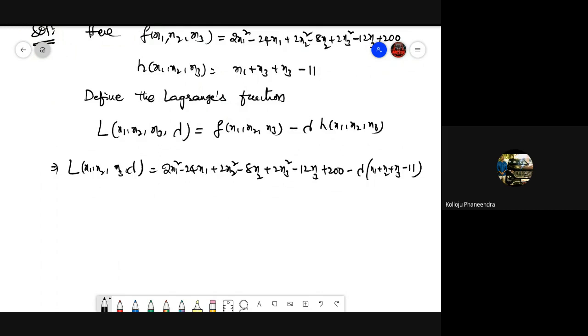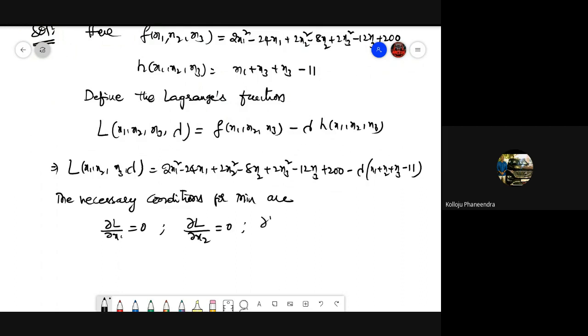Now what are the necessary conditions? I told you the necessary conditions for optimum. What is the given problem? Minimum. The necessary conditions for minimum or maximum are the partial derivatives of L with respect to the unknowns equal to 0: dou L by dou x1, dou L by dou x2, dou L by dou x3 equal to 0, and the last one, dou L by dou lambda equal to 0.